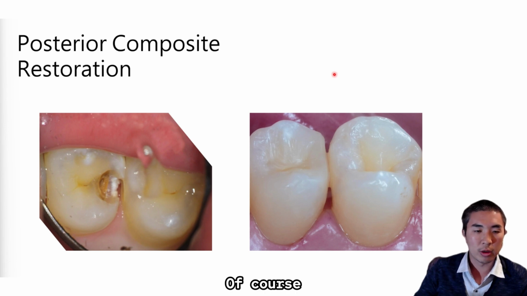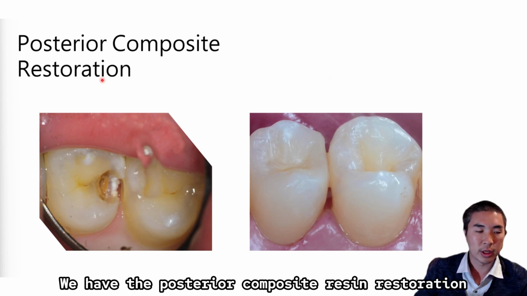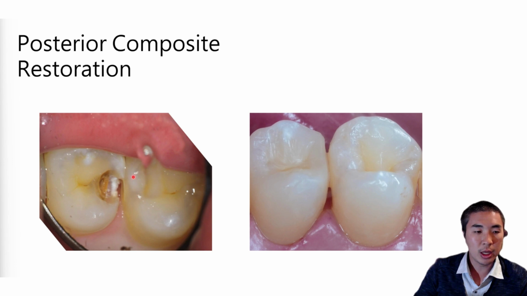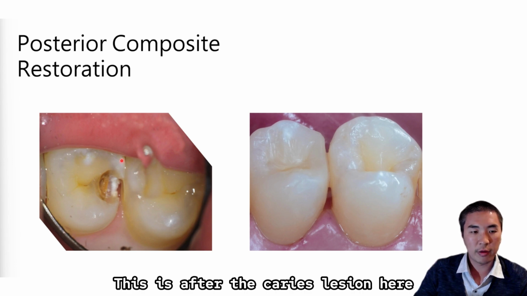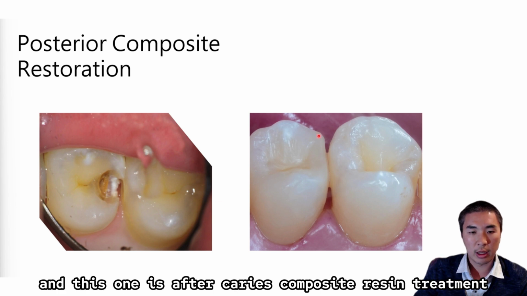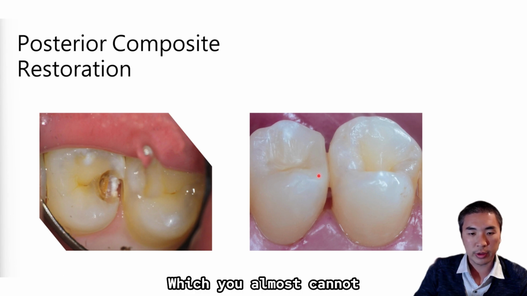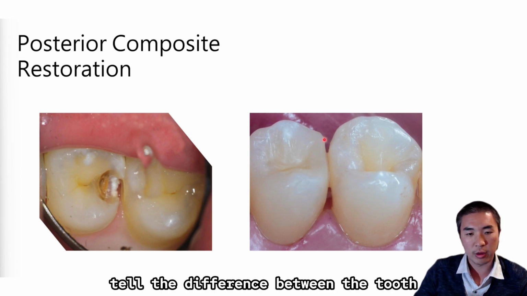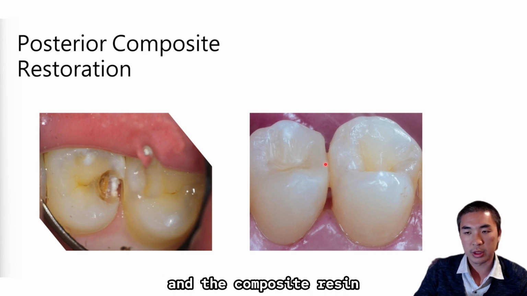And also, of course, we have posterior composite resin restoration. This is the caries lesion before, and this one is after composite resin treatment, where you almost cannot tell the difference between the tooth and the composite resin.